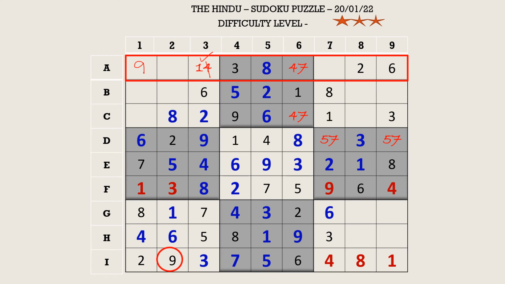Similarly, there is a 5 in column 2 which blocks 5 here in A2. So A7 is the only cell where 5 can be. So there is only 1 empty cell and A2 takes 4, 7. Now 5 in A7 cancels out the 5 in D7. D7 takes 7 and D9 takes 5.